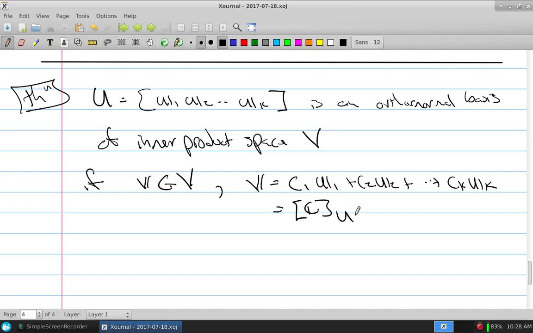And one of the questions would be, could you find the coordinates? Because when we did change of bases, we know how to do that. But I have to figure out what the coordinates are so that, if I wanted to go from this basis to the standard basis, I'd multiply by U inverse, but I need the coordinates. Where am I to figure out where it is within a standard basis?